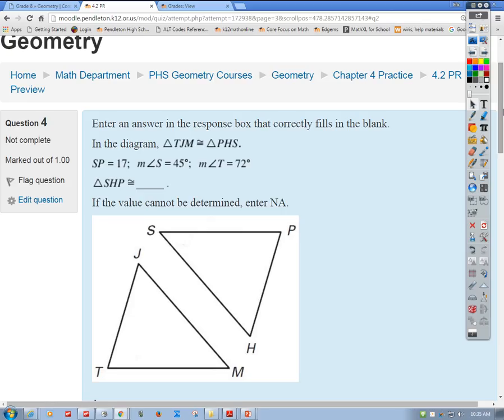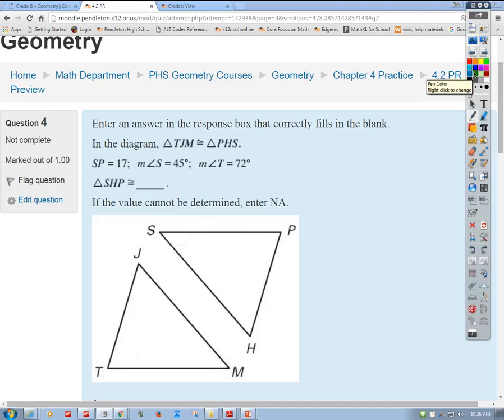Okay, what's that saying? Triangle SHP would be congruent to, well, we already know that triangles are congruent, but we have to write the congruence relationship properly, right? The congruence statement. So that's going to be triangle what? MJT.